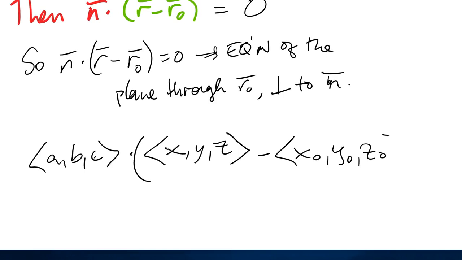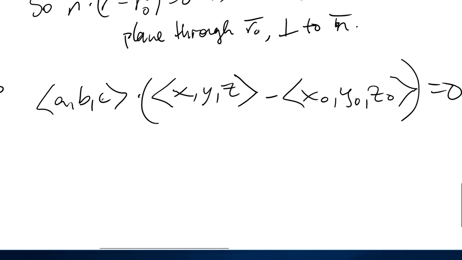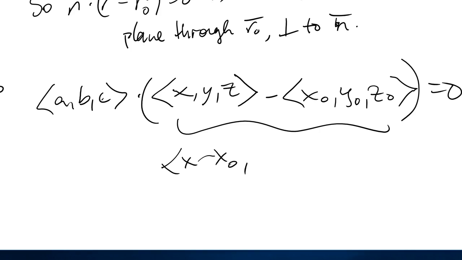This is equal to 0. So now if I want to do this mathematics, so first of all, the interior here is x minus x naught, y minus y naught, and z minus z naught equals 0, and this is dotted with ABC.